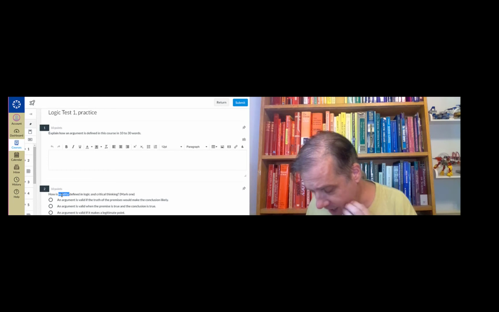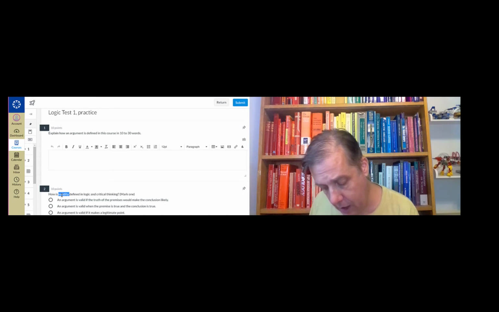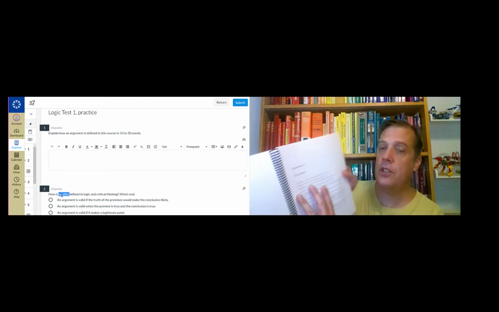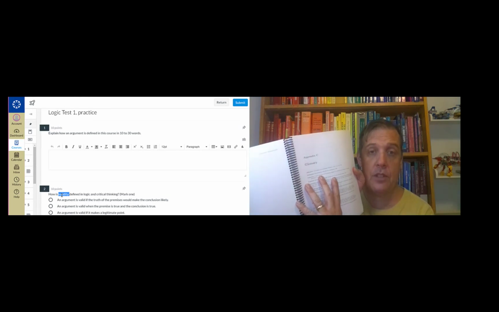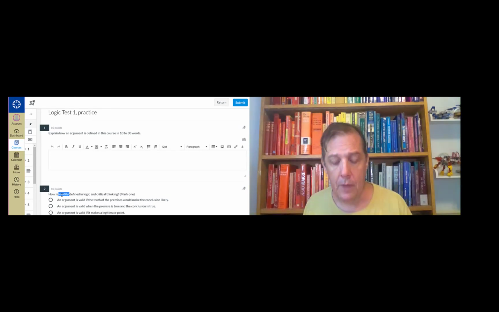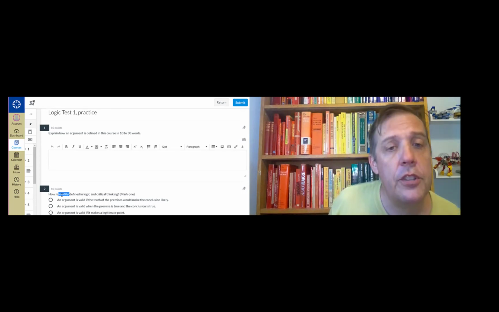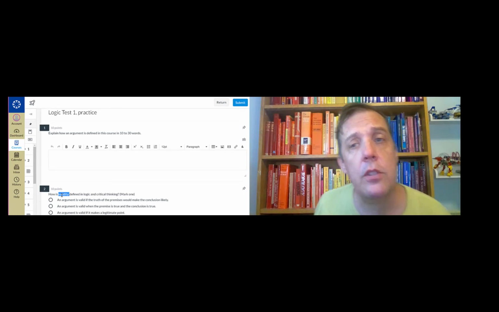Also, if you look in the back of the book, or at the end of your PDF file, if you don't have a printed copy, you can find the glossary. And again, in the glossary, we define an argument as a connected series of statements designed to convince an audience of another statement. This is also in the PowerPoints.